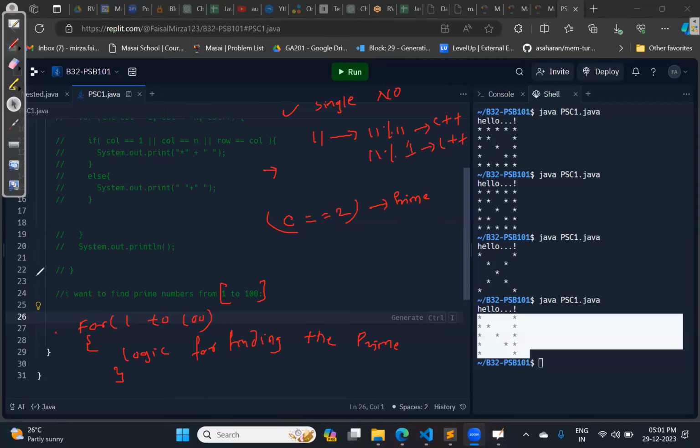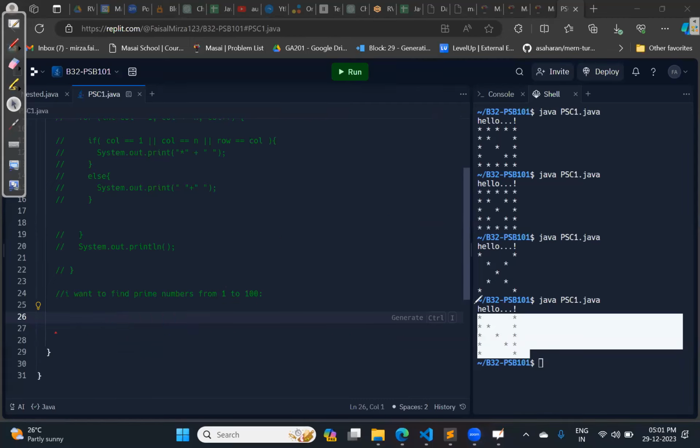Are you comfortable in finding whether a number is prime or not? I'm considering that you know when a number is prime and when it is not.